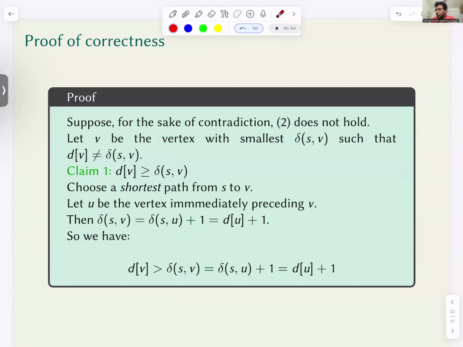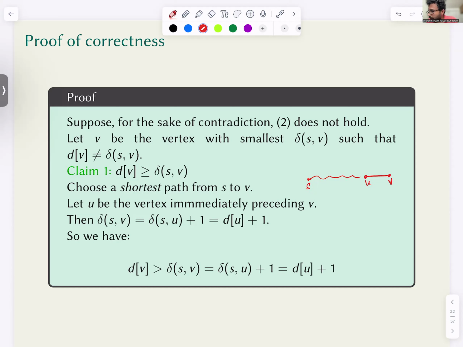Now let u be the vertex that appears just before v. So there is S, somewhere you reach u, and then there is v. In the shortest path, let u be the vertex that is preceding v. And we chose v to be the vertex with the smallest distance such that dv is not equal to the actual distance.